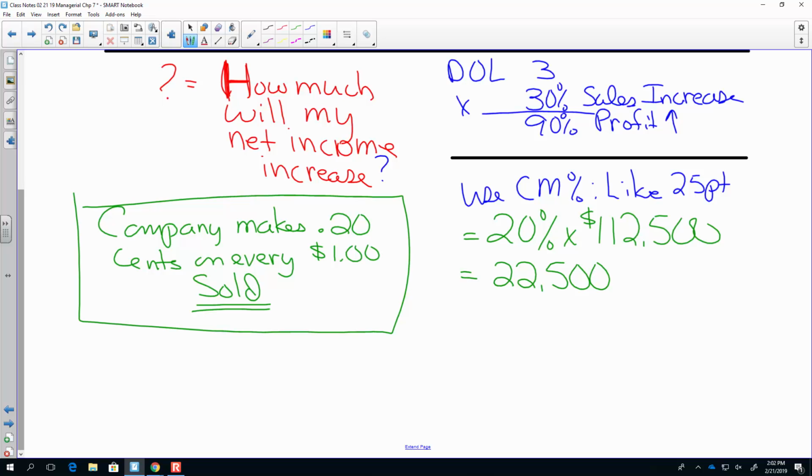The company makes 20 cents on every dollar. That's what the margin percent means. If I can make this margin percent 21, 22, yay, right? That's better. But if that margin percent comes down to 19, 18, then we got to do something immediately. So I'm hoping the computations, yes, are important, but my goal here is to make sure you understand what the computations mean. Otherwise, the numbers mean nothing.